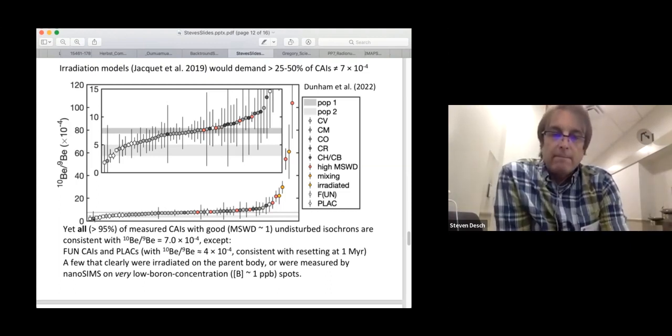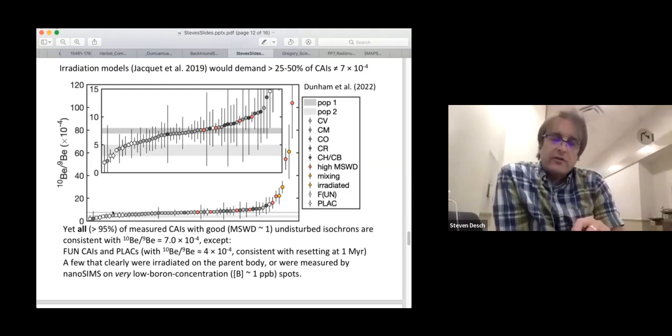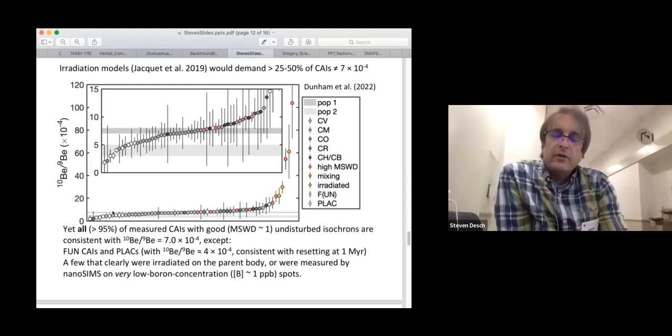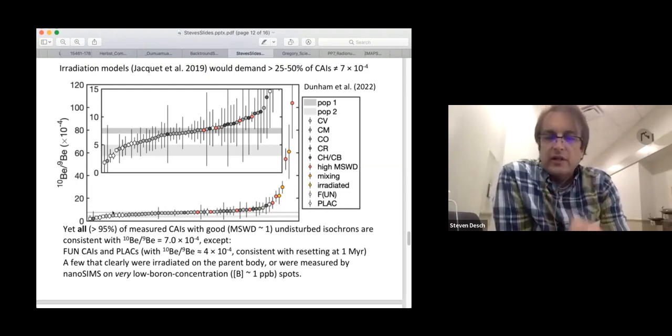But if you just restrict your attention to the ones that you have great confidence are probing the beryllium-10 abundance in the solar nebula at time 0, they're all consistent with 7 times 10 to the minus 4. At least 95, probably 100% of those with good isochrons that you have no reason to doubt probe the nebula at time 0. I think Sasha agrees that most do, but maybe Sasha thinks there's a slightly larger number that are inconsistent with this value, but I don't think he'd agree it's anywhere near 25 or 50%.